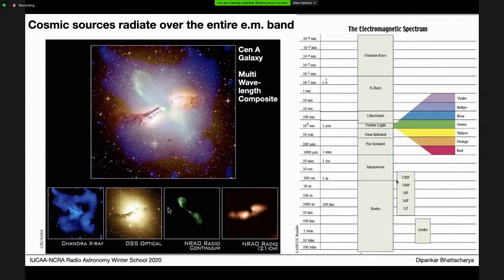And that is because of the different ways these radiations come about. And so learning about how these radiations come about, and what information they are telling us about the object, is the main aspect that I would like to cover in these lectures on radiative processes.